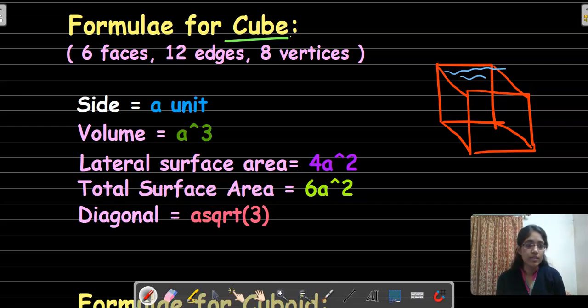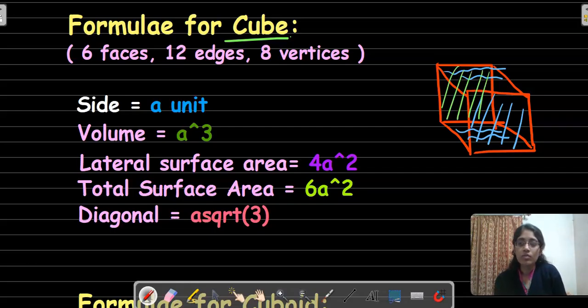This one is a face. This one, another. This is another face. The opposite of this, that is this. This is the fourth. Now see, this is another face and there. This is another face. So there are total 6 faces of a cube.